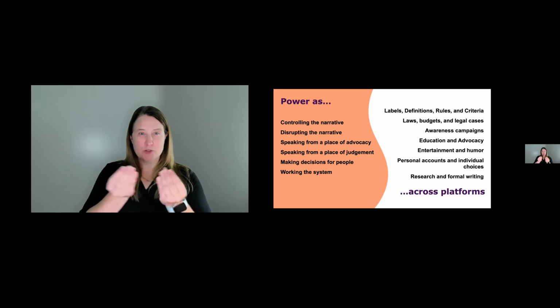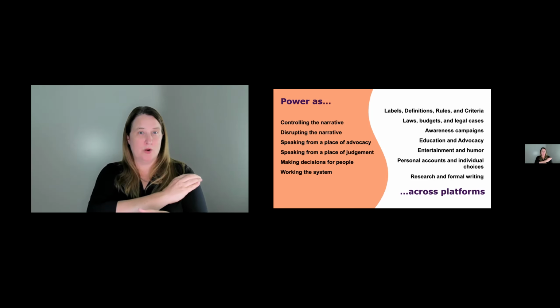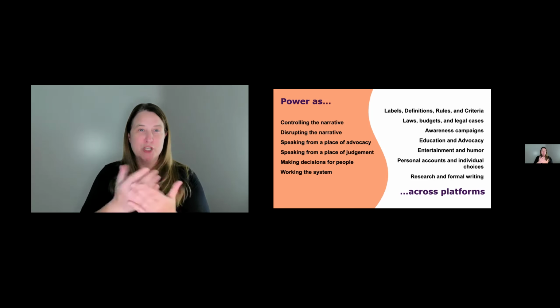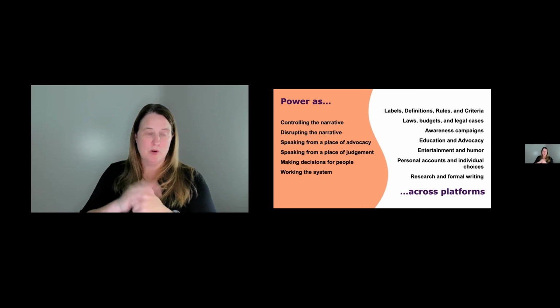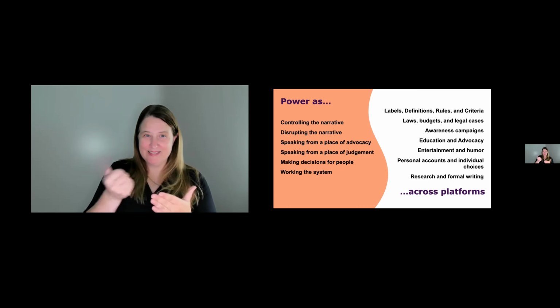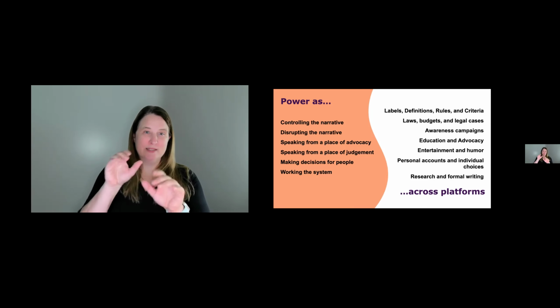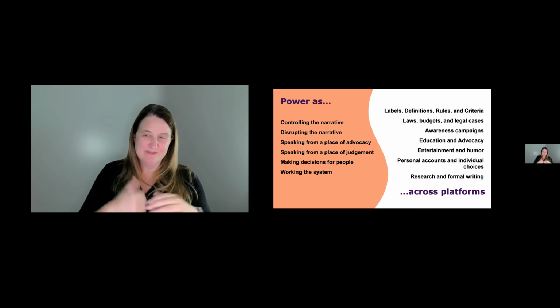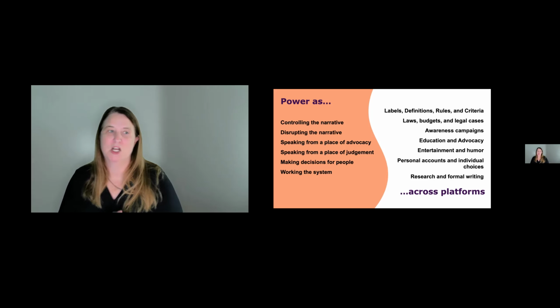So using language, knowing how to mediate, how to use that power to achieve a goal. That's not easy for anyone, and especially those with disabilities within that system that we have.